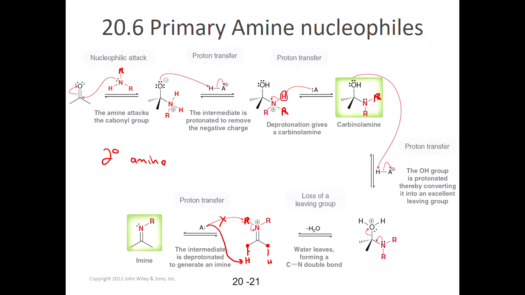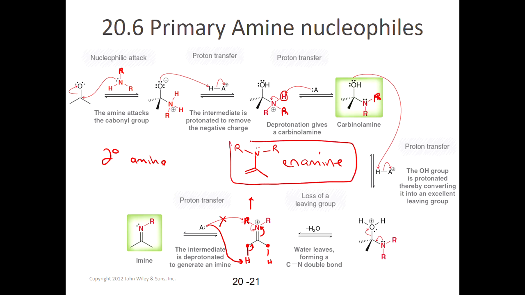It's going to swing electrons in here and push electrons up here. And so that's going to make the double bond here between these two carbons. And the nitrogen is not going to have a double bond because electrons swung up as a lone pair. And so this is an amine, but it's directly in conjugation with an alkene, so it's an enamine. And so that's what we form if we start with a secondary amine reacting with a carbonyl.